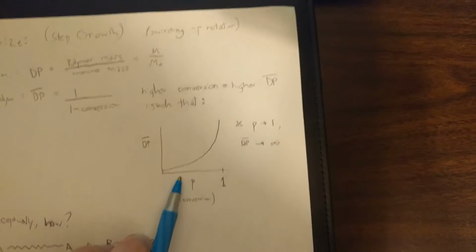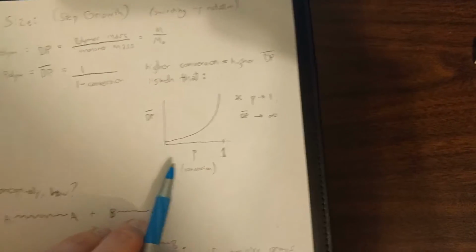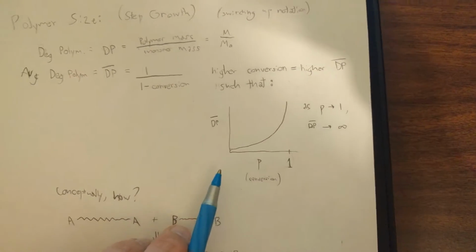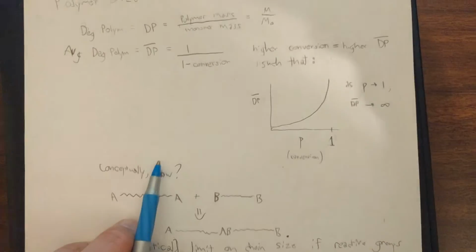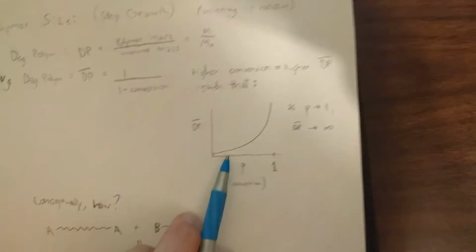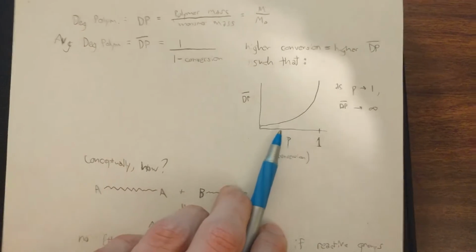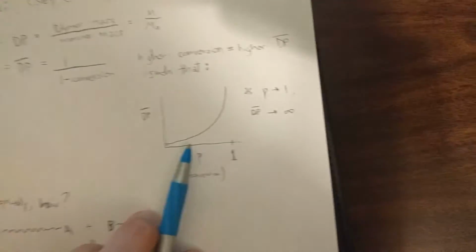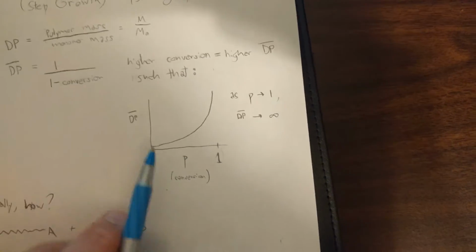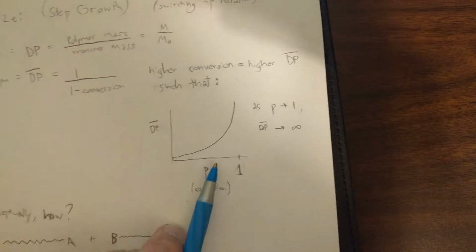So why is that? And for this, I had to think about how number average size involves picking any random chain. The low conversion region has low molecular weight because only oligomers dominate. There are still free monomers reacting with each other. However, all the monomers and chains are reactive.